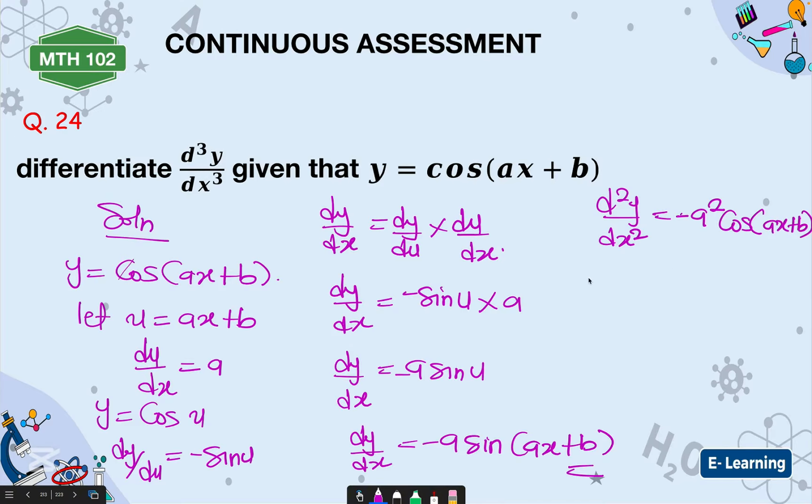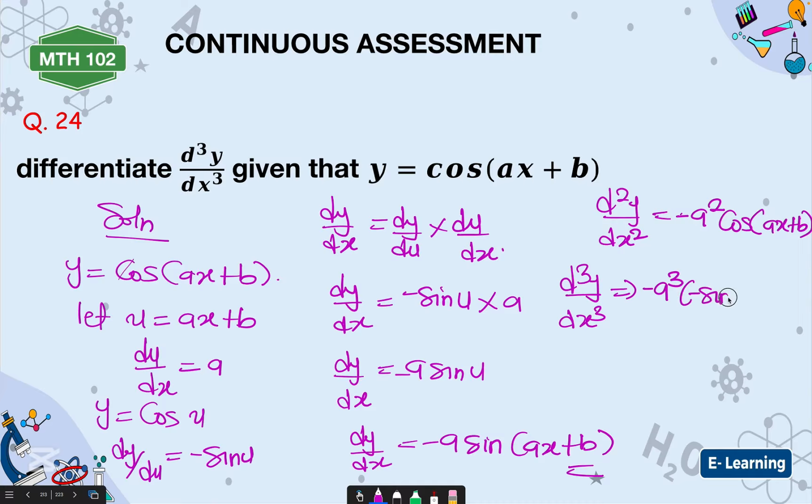That is the answer. Then for the third derivative, you already know the shortcut for chain rule, which I have taught you. Differentiate this ax + b again, it gives us a. Use that a to multiply this again. That will give us minus what? a raised to the power of 3 cos. If you differentiate cos, it will give us what?